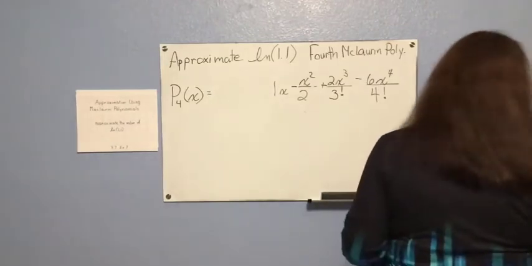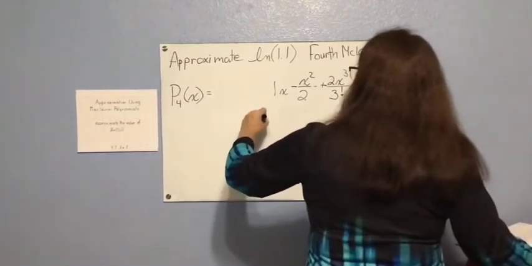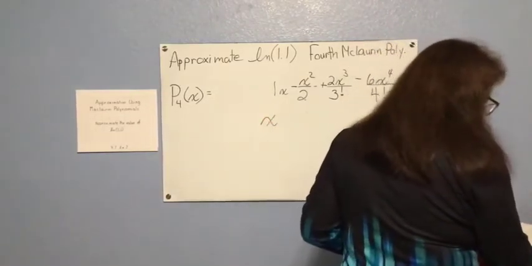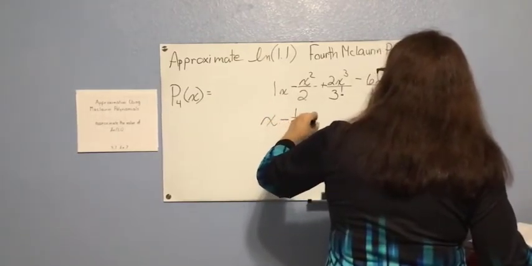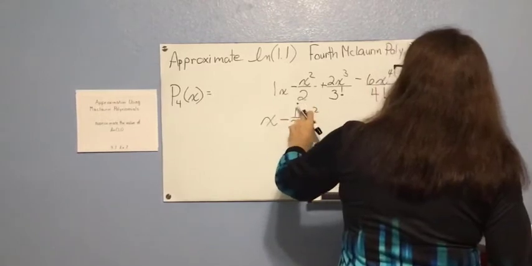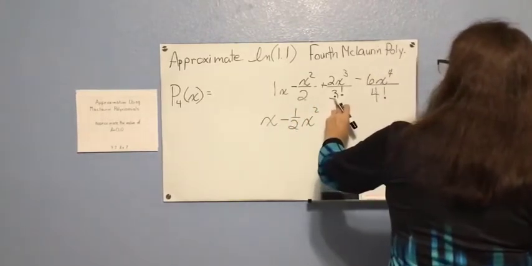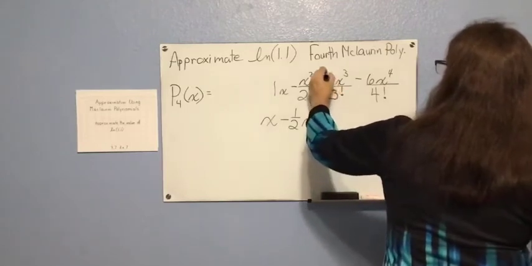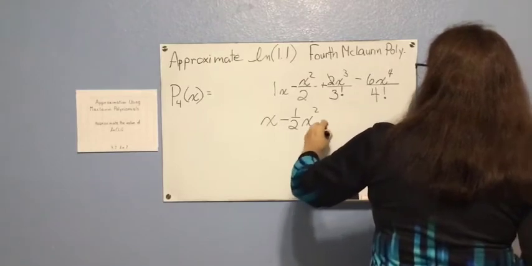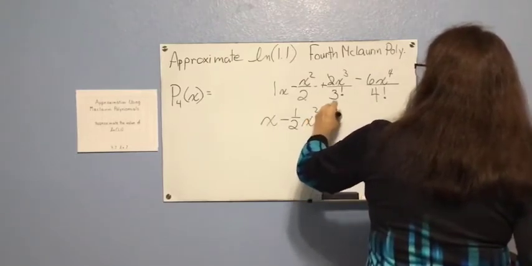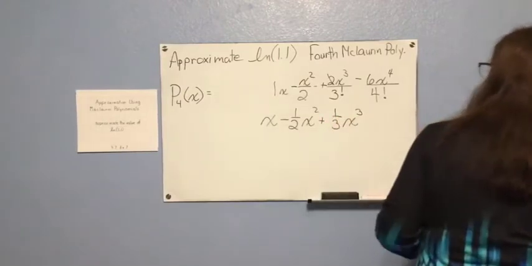Okay, let's see what we can do to make it even a little simpler. I'm just going to write x minus 1/2 x squared. The 3 factorial has a 2 in it that I can use to cancel out this 2, and that leaves me with just a 3 here, so plus 1/3 x cubed.